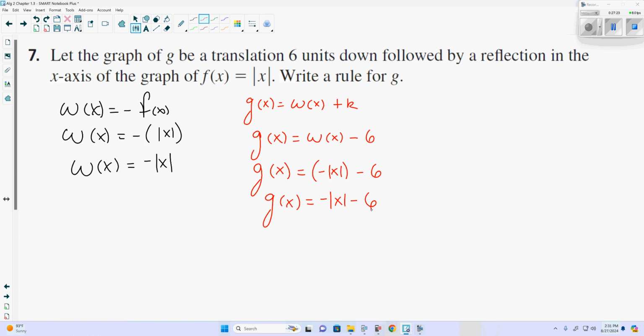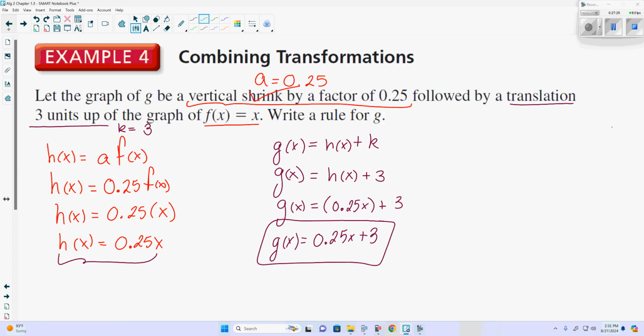Because if we flipped the one before and did the translation up before the vertical shrink, the function we would have gotten was 0.25x plus 0.75, because we would have had the other one that had to apply to it. But order matters for these here.